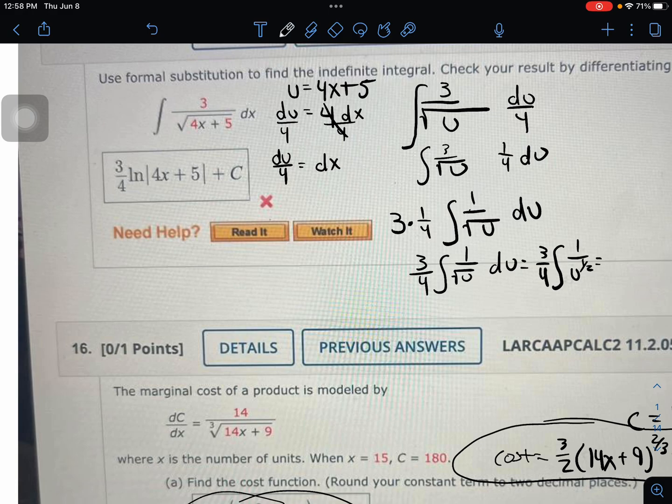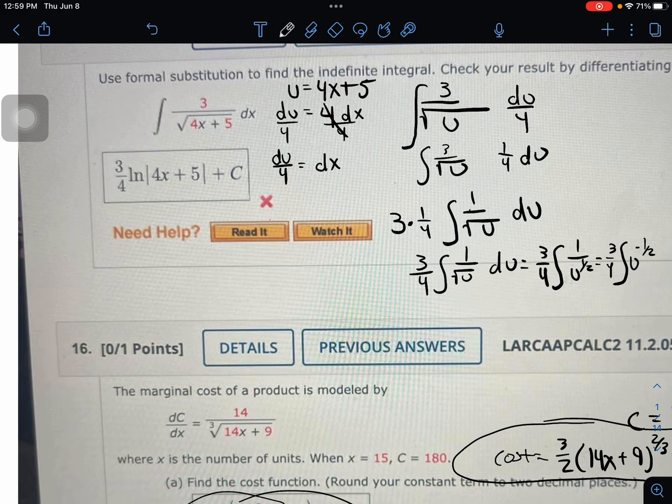And this is going to be equal to 3/4 integral. And now what I'm going to do, I'm going to take this u to the 1/2 and bring it to the top. But when I bring it to the top, that 1/2 becomes a negative. So it's going to be u to the negative 1/2. And now I can use the power property of integration.